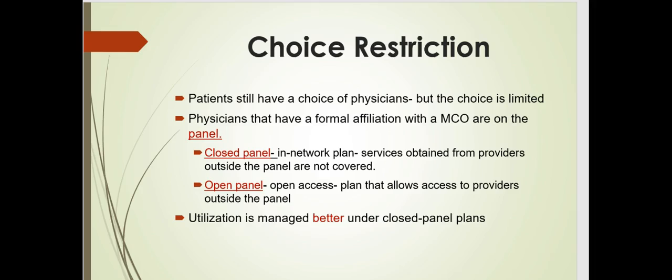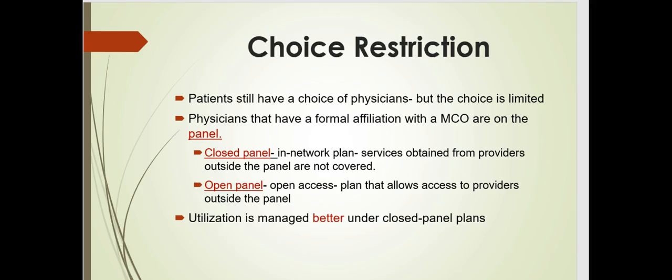You also have an open panel, which is open access out of network. Access to providers outside the panel is allowed, but at higher cost sharing to discourage open access. So you're putting more out of your pocket because it's a higher cost sharing than closed panel.